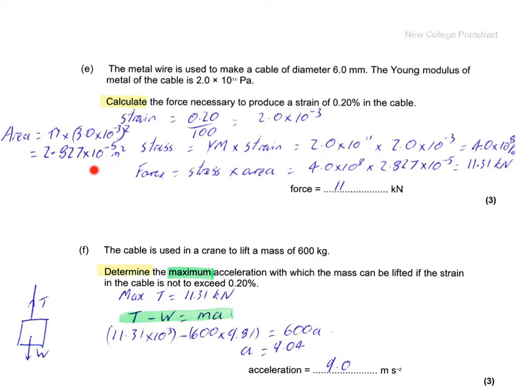I'm also going to do a little side calculation of the area. Area is pi times half that diameter, 3 times 10 to the minus 3, squared. That gives me that area. The stress, because Young modulus is stress over strain, will be the Young modulus times strain. There's the Young modulus, there's the strain we worked out above, giving us that value of stress. And the force will be the stress times the area, because stress is force divided by area.